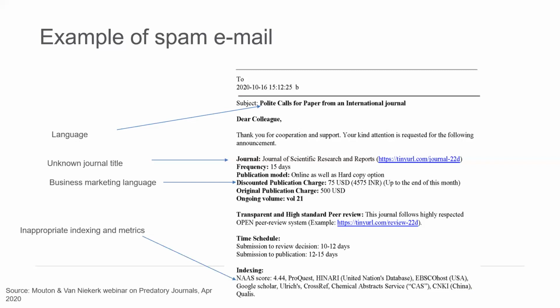So this is another example of such an email. I think I've mentioned all of these, but also business marketing language such as "discount publication charge." Right, so this is very commercial language, which you won't often find in an academic environment where you want your article to be published.